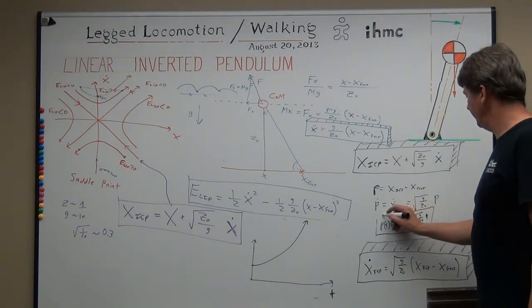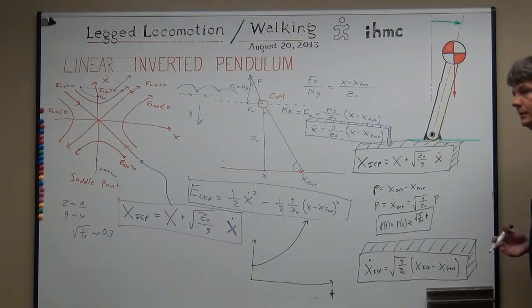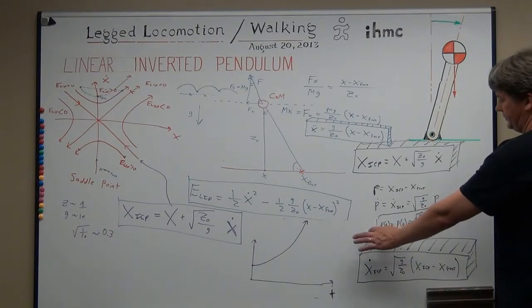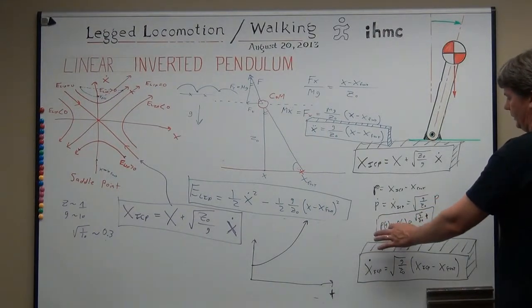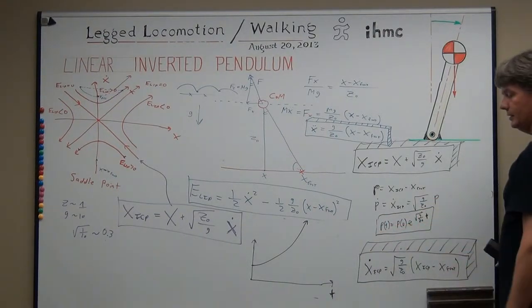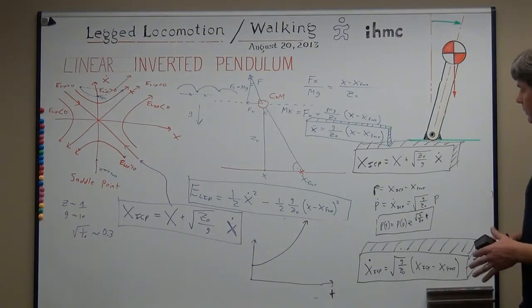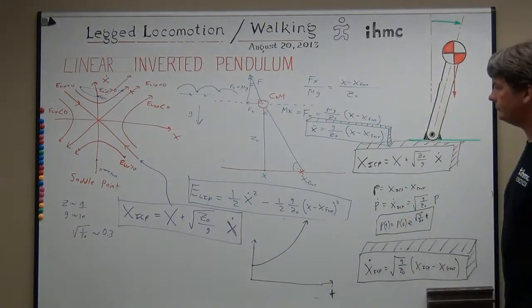Pretty much just linearized by setting x equal to zero on both sides. So the distance from the foot to the ICP is going to be its initial distance times e to the square root of g over z naught t, which will just look like that.